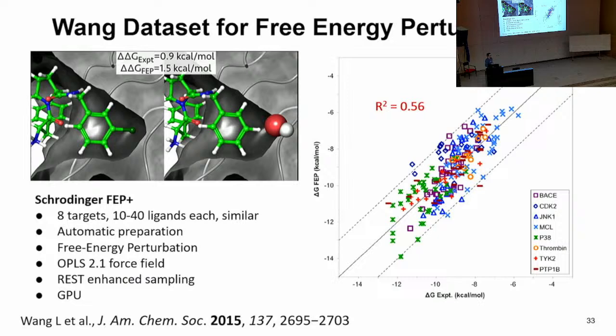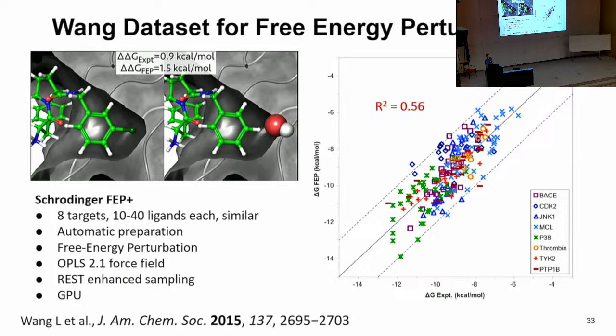We did also some comparison on PL-Rex, but again, this is a bit biased because it's our data set, so obviously we should be good on our data set. So we wanted to be strict, and so we made a comparison to the Wang data set. This comes from the Schrödinger company. It's from 2015, a collection of 8 targets.